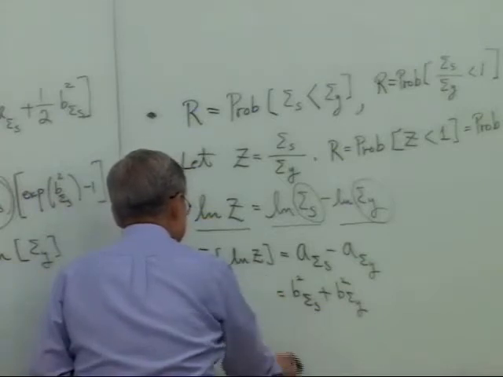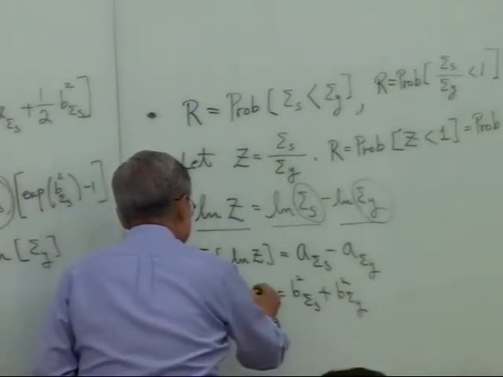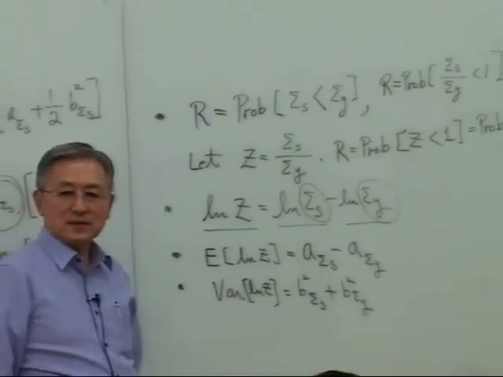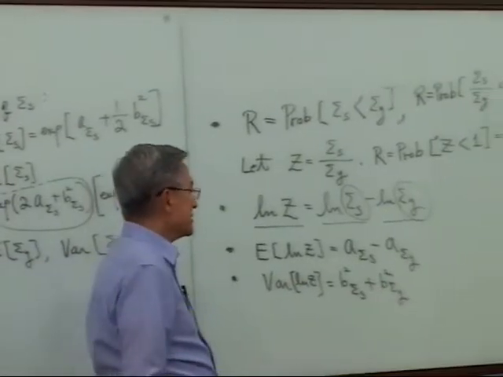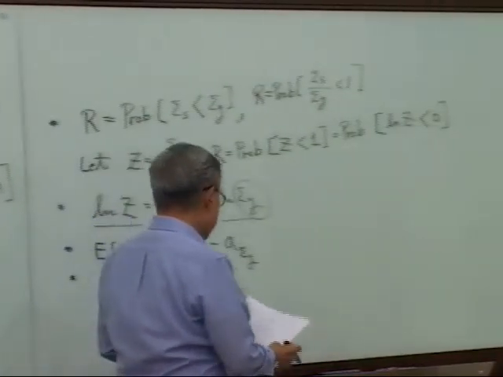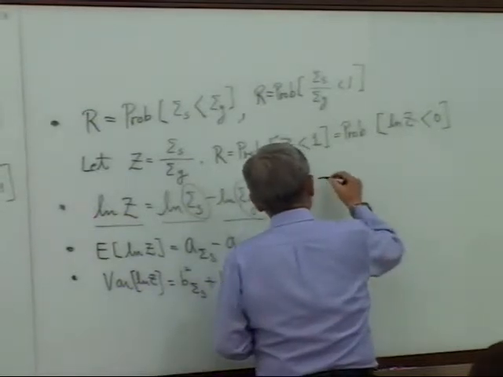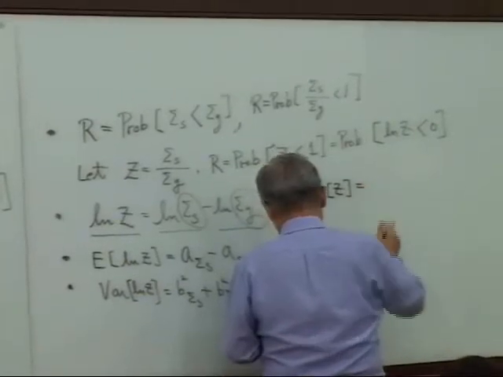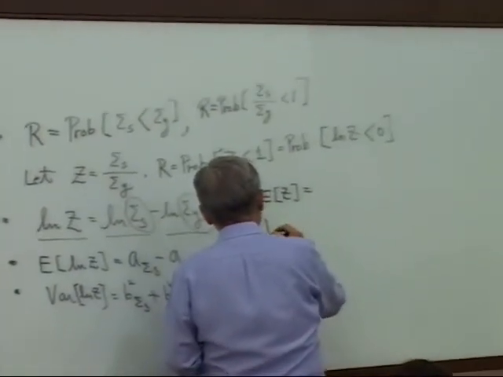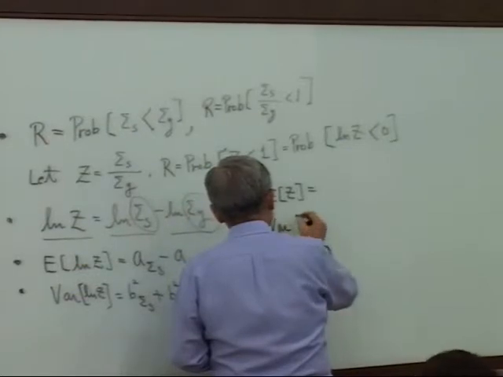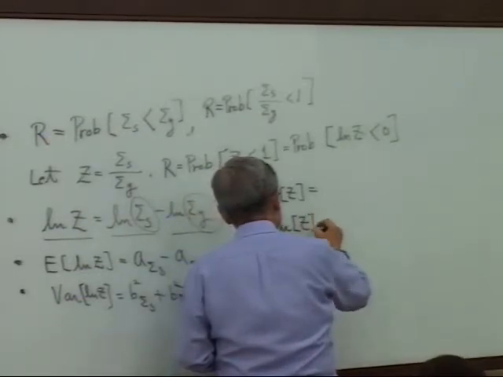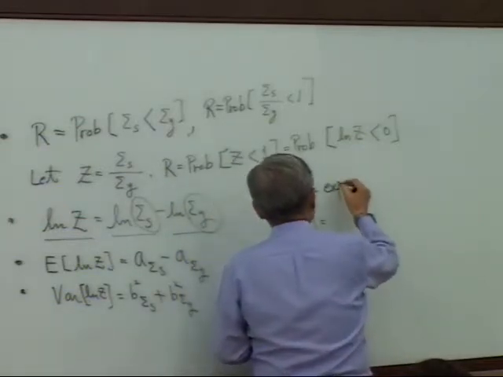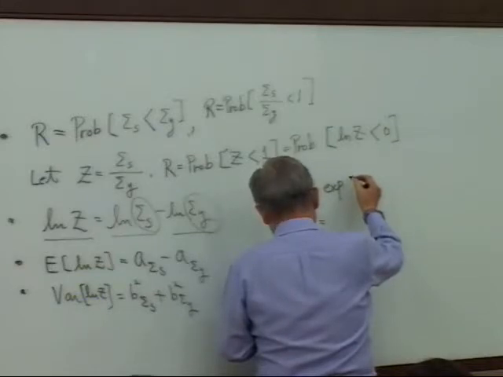It looks a little complicated, but it's nothing if you look inside. It's very systematic. So now you can write the mean of ln Z, then you can write the variance of ln Z.